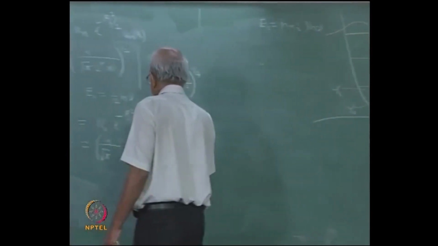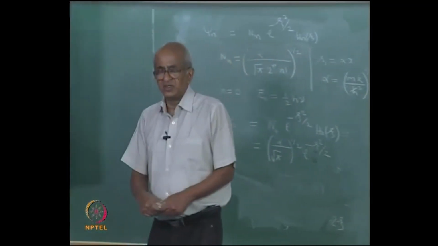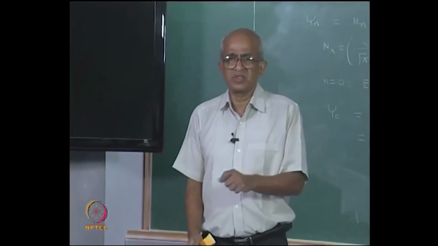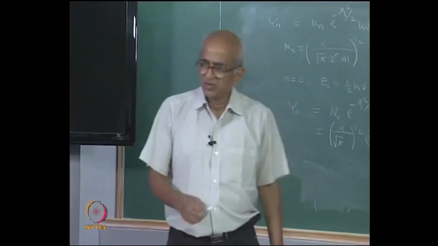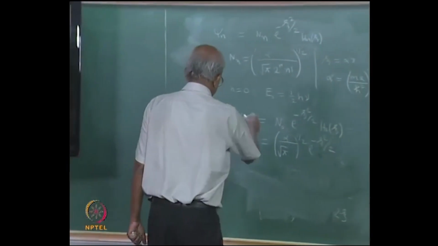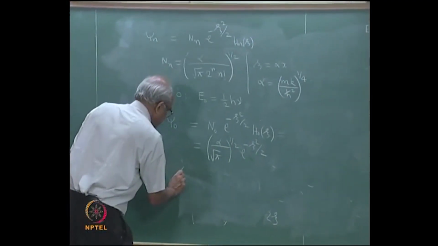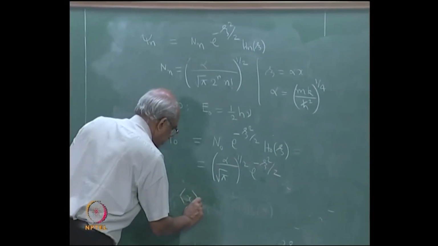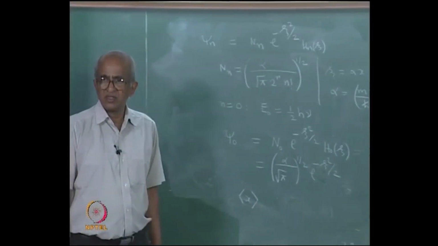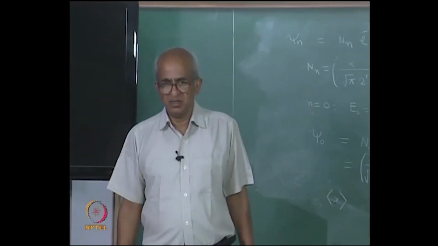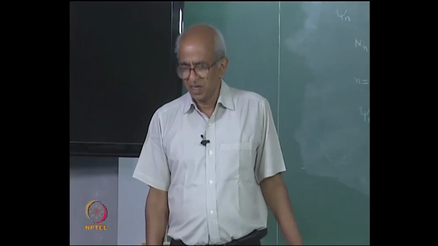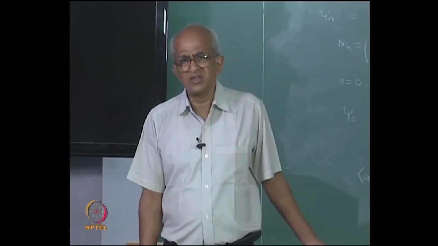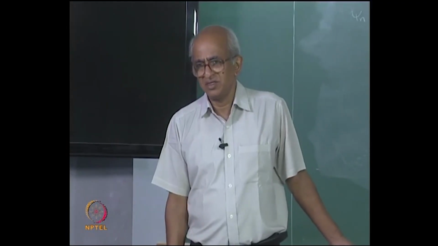Suppose I make a series of measurements of the position of the particle and take its average. I can get that average by calculating the expectation value of x. Is it necessary to calculate it is the question.